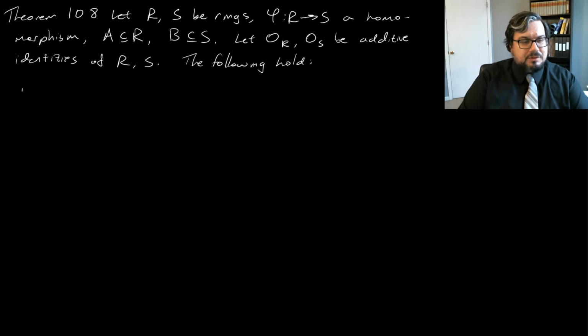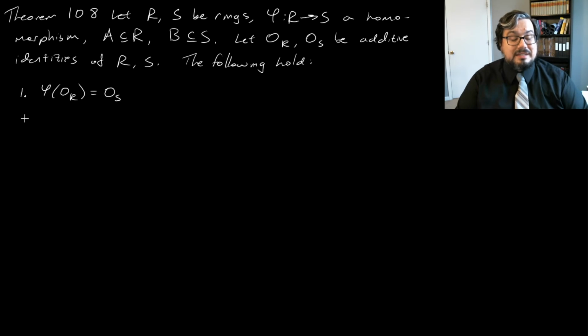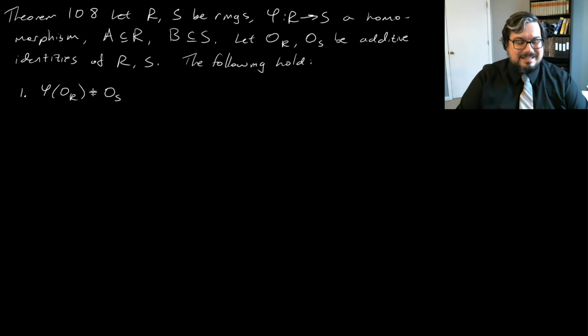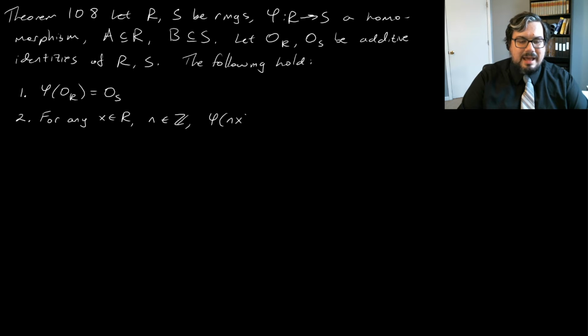All right, so part one, the image of the zero element is always the zero element. We're always guaranteed that any homomorphism takes the additive identity to the additive identity. Part two, for any x in R and n in Z, phi of nx is equal to n times phi of x.